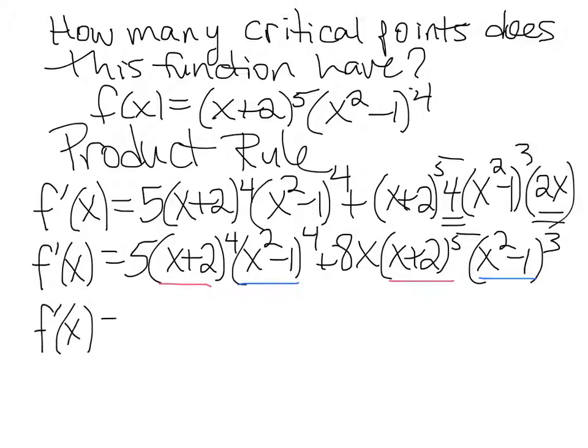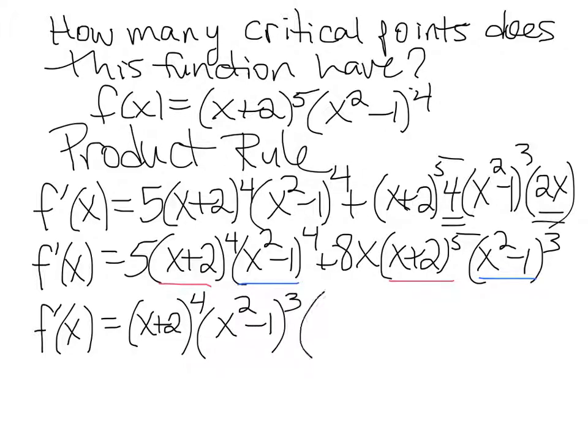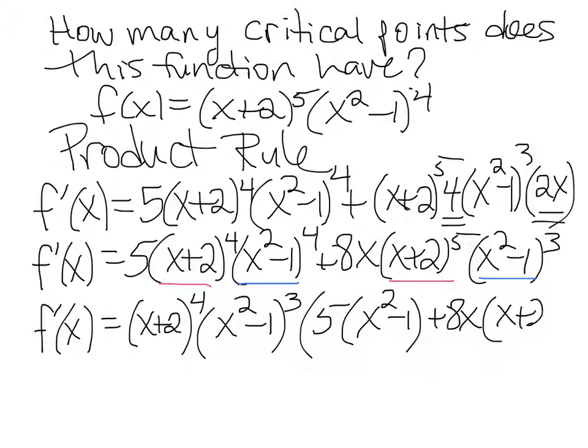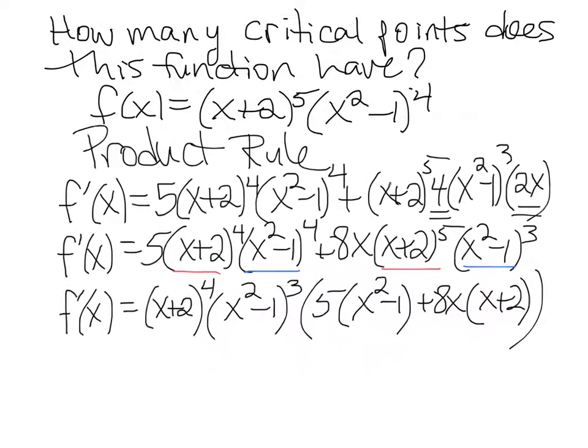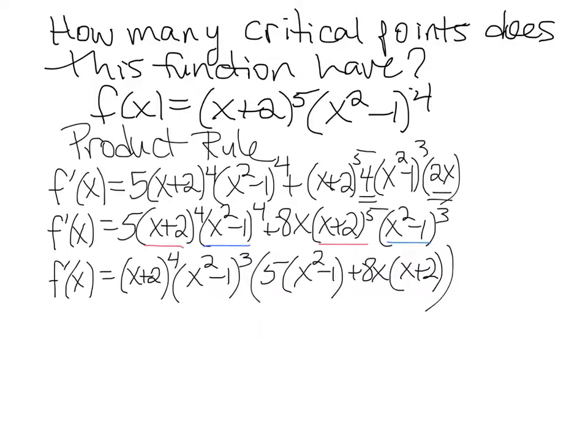f'(x) is equal to (x + 2), we can factor out 4 of those, (x^2 - 1), we can factor out 3 of those, and what's left is 5(x^2 - 1) plus 8x(x + 2). Let's make a little more room so we can continue.